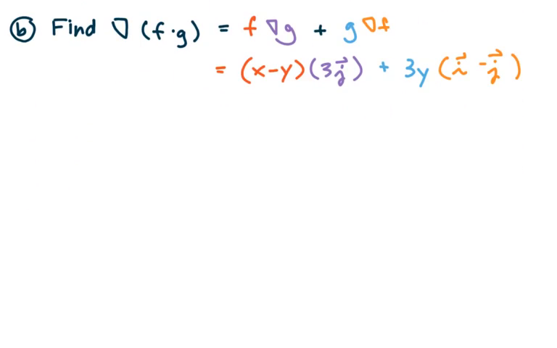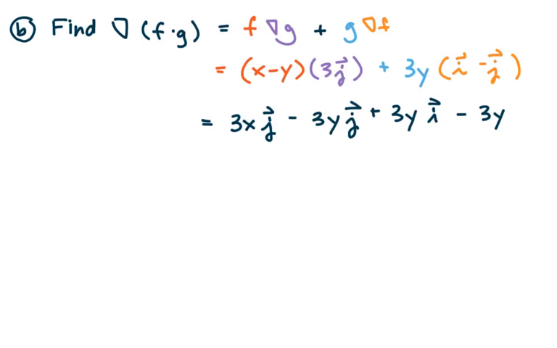So simplifying this, I have 3xj minus 3yj plus 3yi minus 3yj.